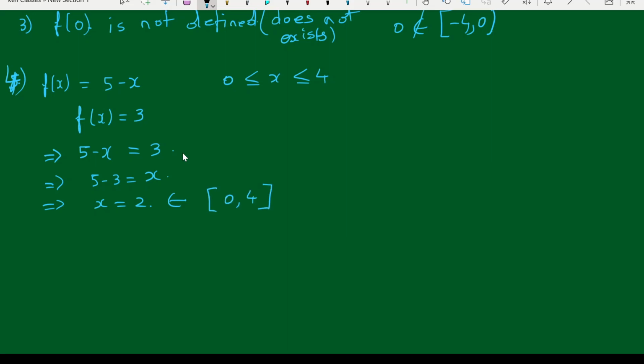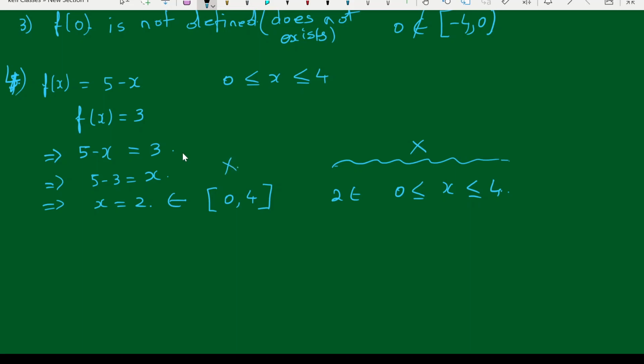If you write it this way, it should be a closed interval. Or you can write 2 belongs to the case 0 is less than or equal to x is less than or equal to 4. Generally we don't write it like this, but I am just giving it to you as scope. If you get confused, don't write this either. X is equal to 2.